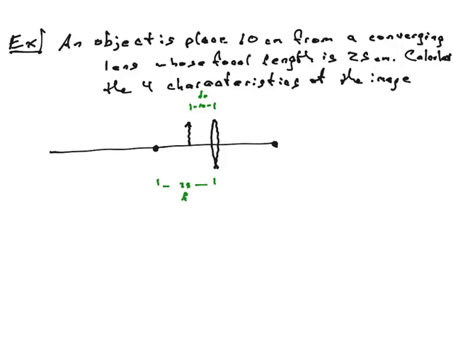All right, so we need to do our ray tracing first. If you remember, we can do 2 or 3 main lines. The first line is always parallel to the principal axis until you hit the lens. And then the light is going to go through the lens and it's going to bend. It'll either bend upwards or downwards.